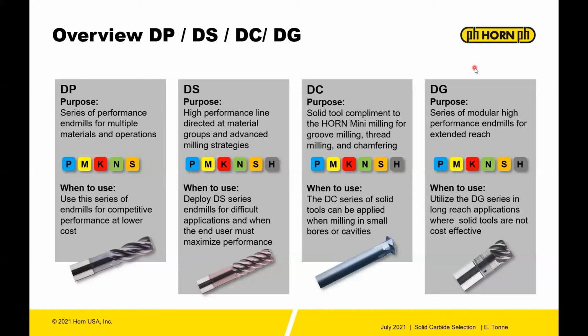The DG is a modular system, so it's a screw-on modular head. It's solid carbide with a brazed steel interface, and then you'll have a steel front end and then a carbide back end. So a very good tool from a modular perspective. You're going to use those for long reach applications when solid tools are not cost effective.